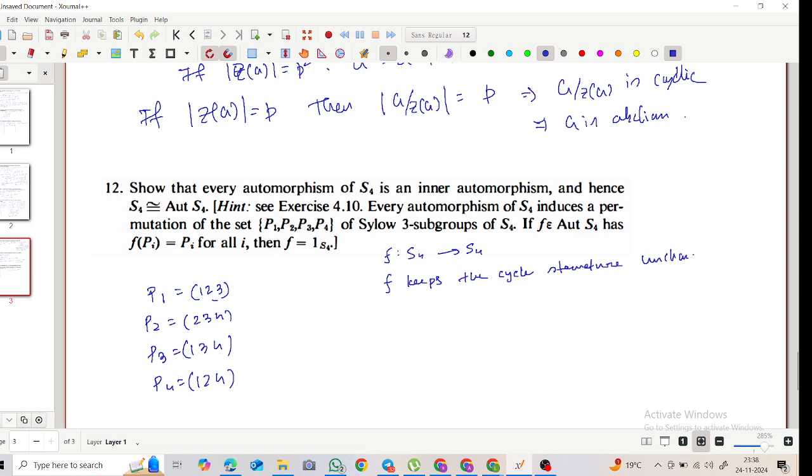Okay, check this. Suppose f of Pi is Pi for i running from 1, 2, 3, 4. Okay, suppose f of (1 2 3) is (1 2 3).